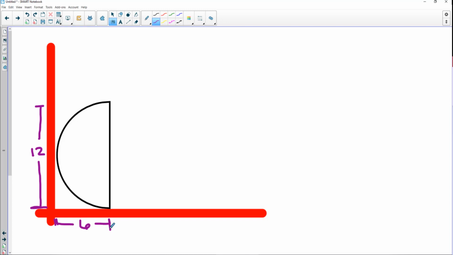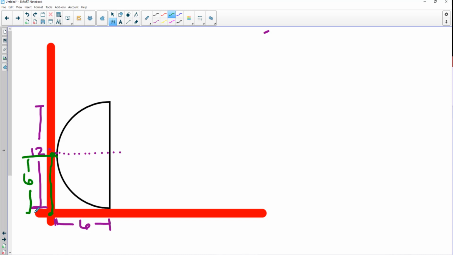Okay, so here, let's do our first piece, which is, where's our line of symmetry? Our line of symmetry is about here, which is a distance of how far from 0, 0. If I start at 0, 0 and go up to that line, it would be 6.